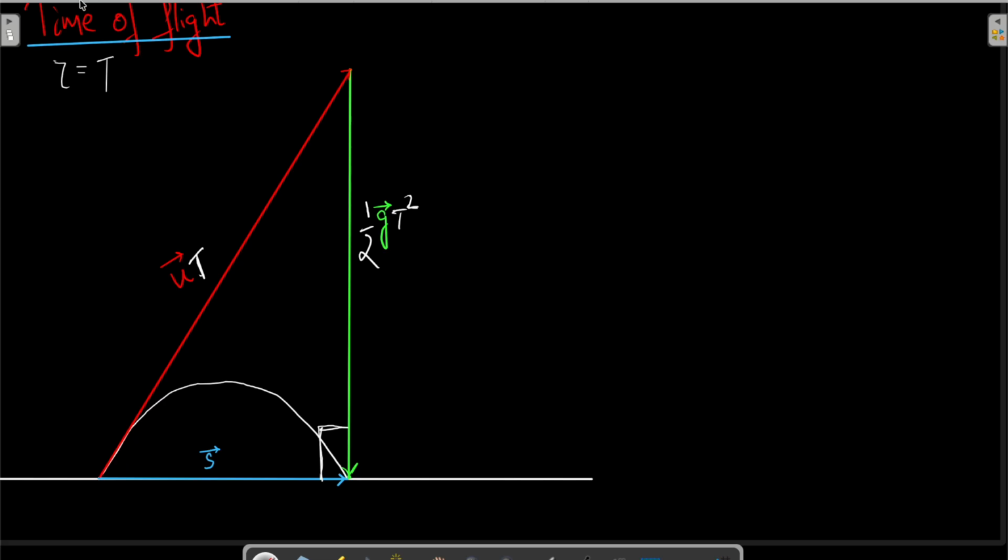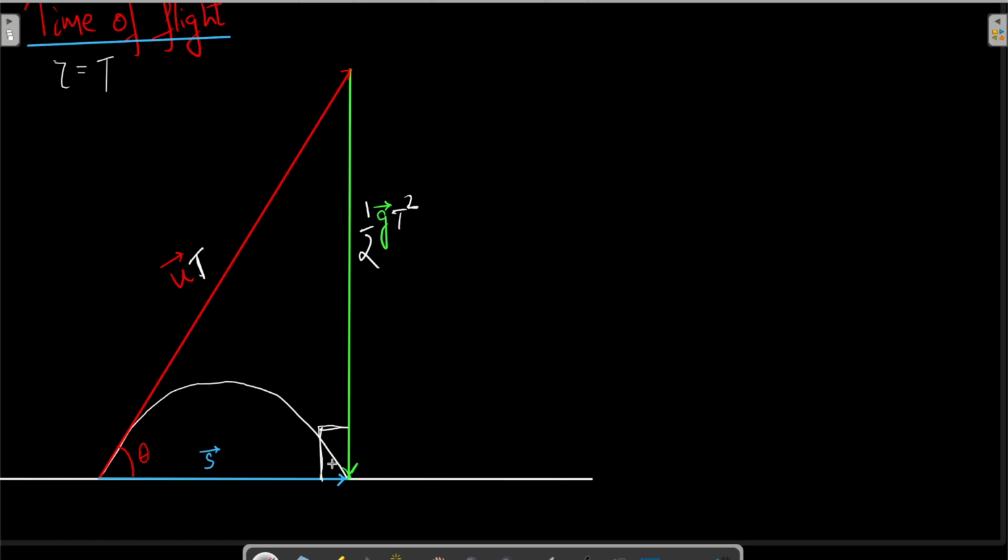Now the angle of launch was theta, as already mentioned. This is the angle which u times T makes with the ground.